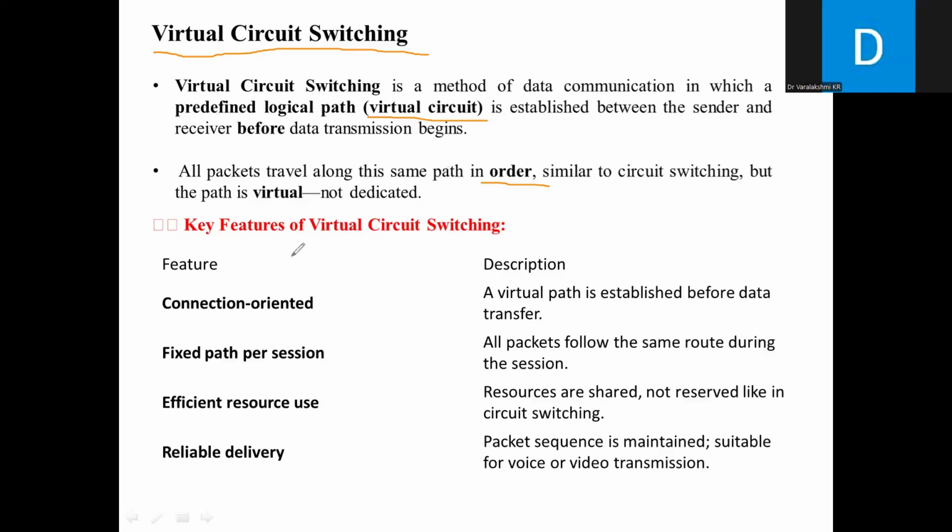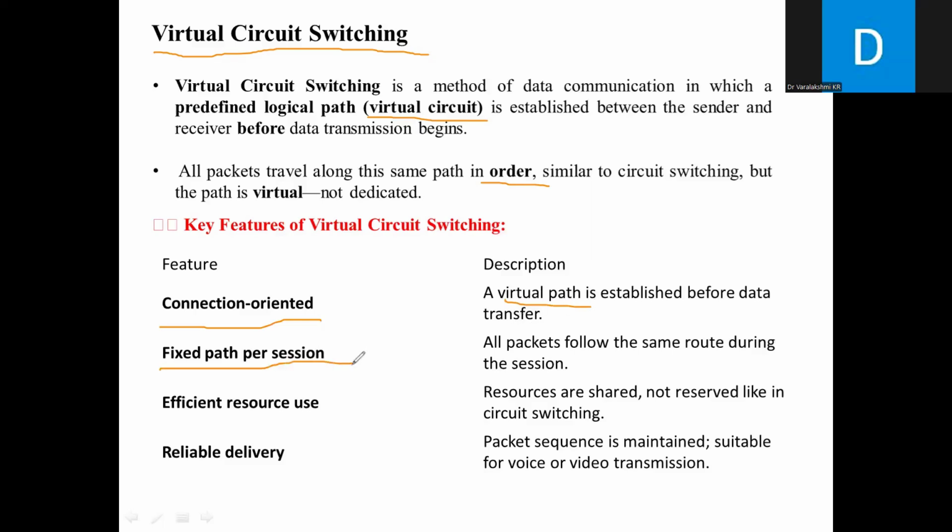Some of the key features, and why we need virtual circuit switching: this is an important concept used in circuit deployment, especially in real time. ATM, asynchronous transfer mode, is the best example used in the deployment of the network. The first feature is connection oriented. What is the meaning of connection oriented? The virtual path is established before data transfer, with a fixed path per session.